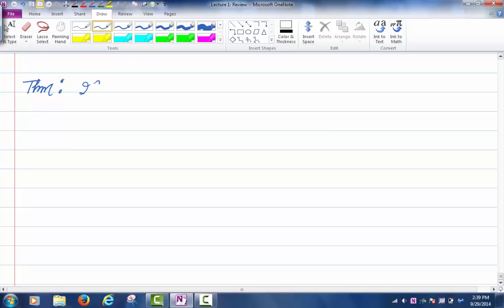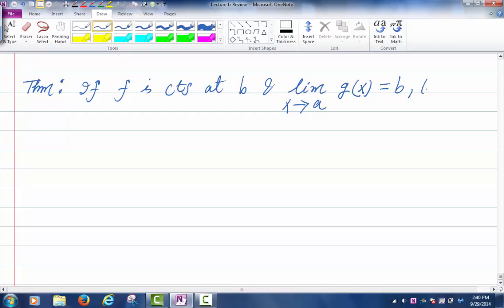If f is continuous at some number b, and the limit of some function g of x as x goes to some number a is b, then what's the limit as x goes to a of f of g of x?